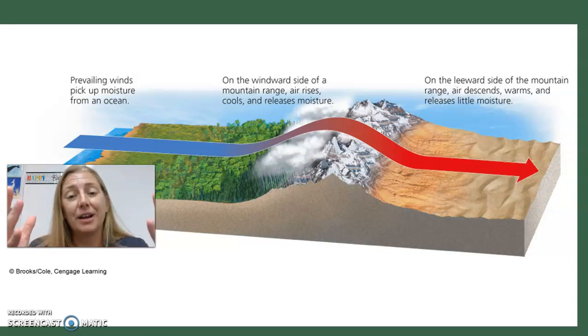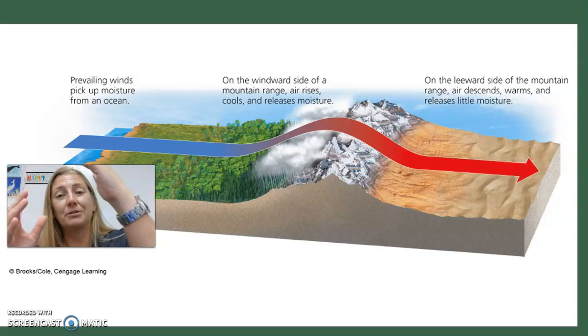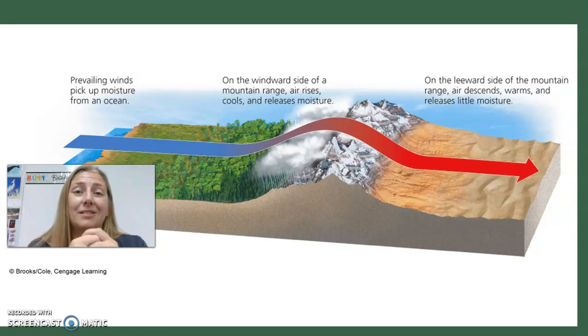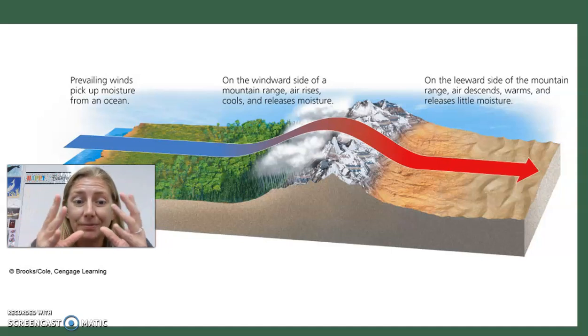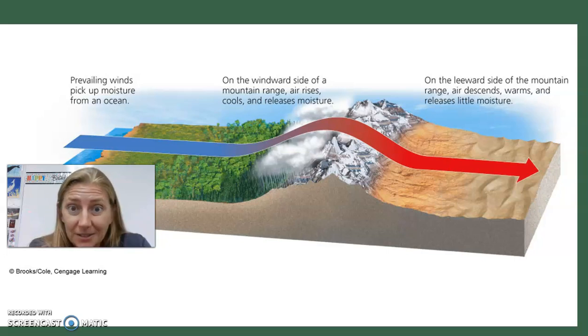Essentially what happens, they travel up the mountain, and that means that the air is going to get cooler as you're traveling higher up in altitude. As the air cools, the liquid in the air condenses to form clouds, and then the clouds, once they are saturated, release that liquid in the form of rain.